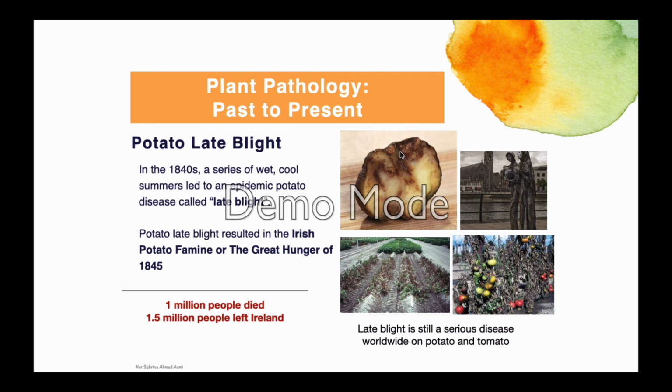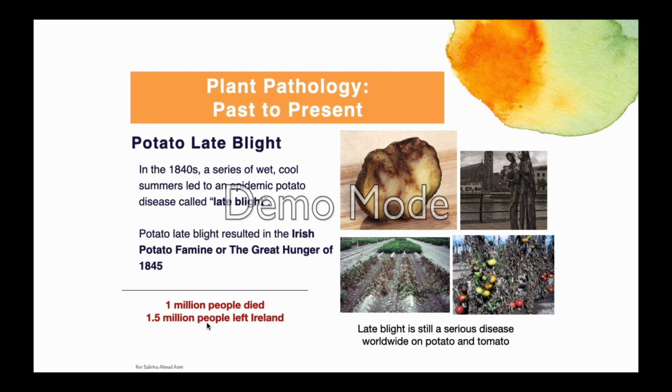As I mentioned before, the poor people were heavily dependent on potato as their food. So when the potato yield was greatly reduced, there was a potato famine, or the Great Hunger of 1855, during which around 1 million people died due to hunger, and 1.5 million people left Ireland.